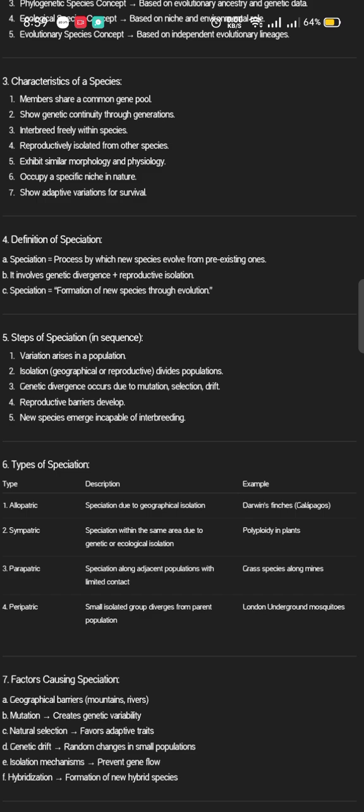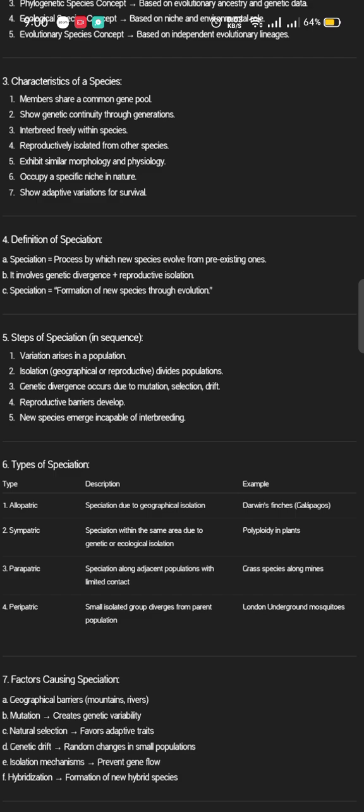Parapatric speciation occurs along adjacent populations with limited contact. Peripatric is when a small isolated group diverges from the parent population.